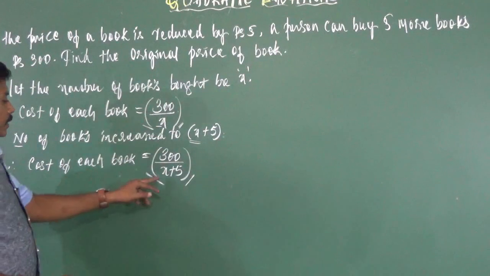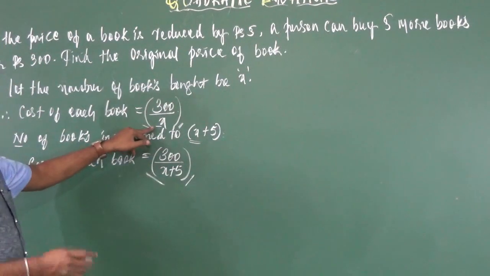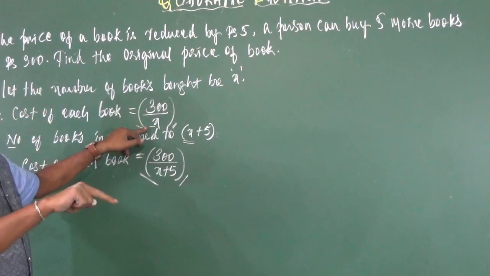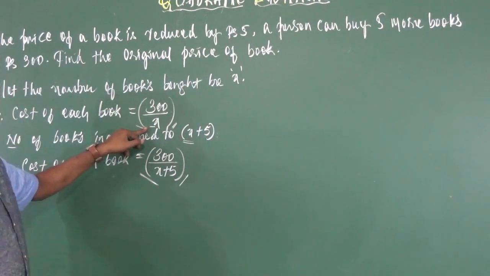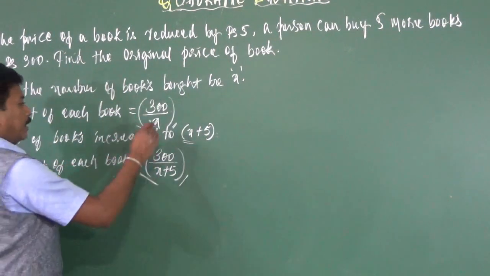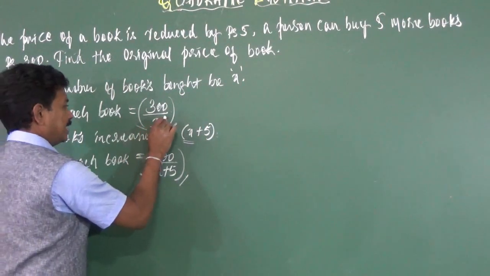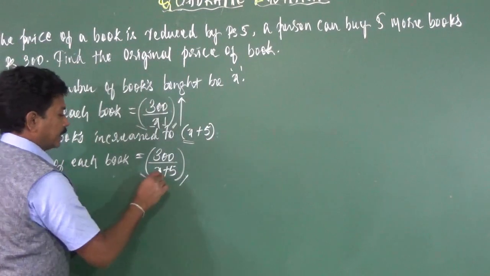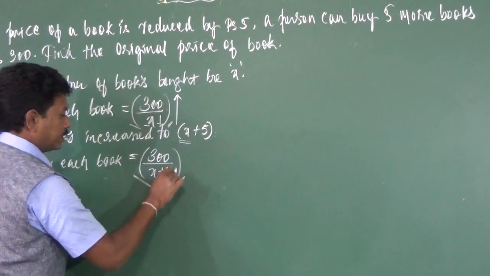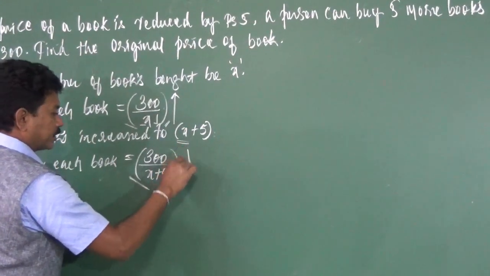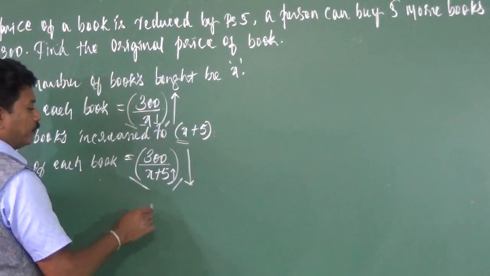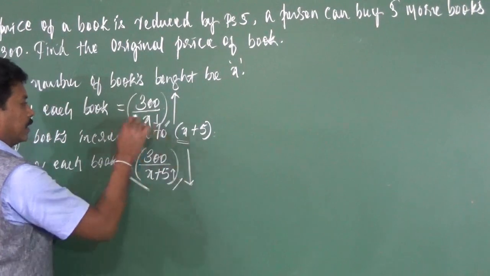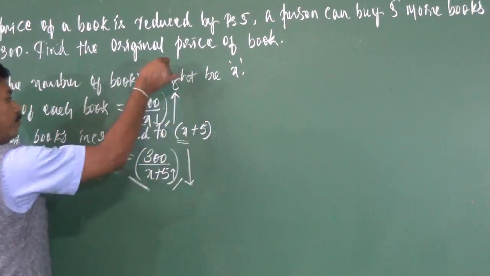So you have two quantities here for the cost of each book. Which is more and which is less? As the X value is less here, the value of the fraction is more. As the X value is more here, the fraction value is less. So the cost of each book here is less, whereas the cost of each book here is more.